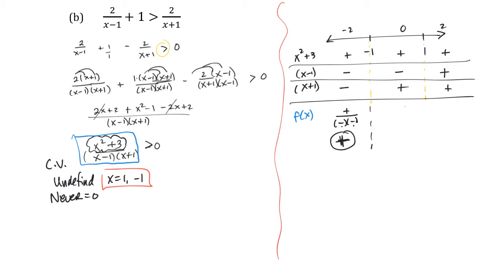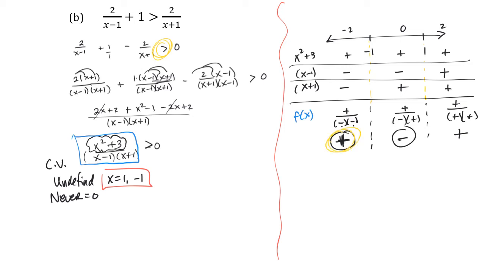Okay, here I have a positive numerator, a negative in the denominator, times a positive in the denominator. So positive divided by negative is negative. Oops, sorry, this was positive. And then positive divided by positive times positive, that is positive. We're looking to see when is my function positive.